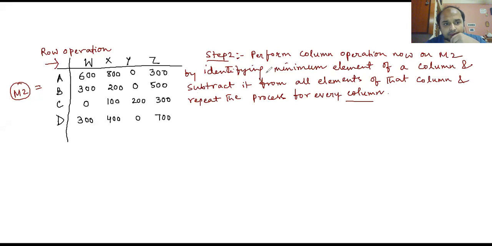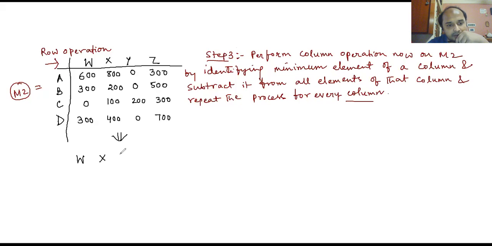So we have to put an arrow mark like this, and I'm going to write the new matrix by using this step. Sorry, this step will not be numbered as 2. This step will be numbered as 3. So let us write the new matrix.